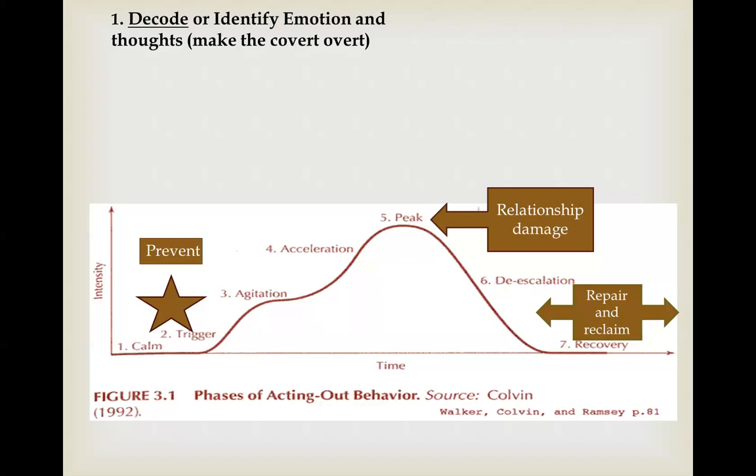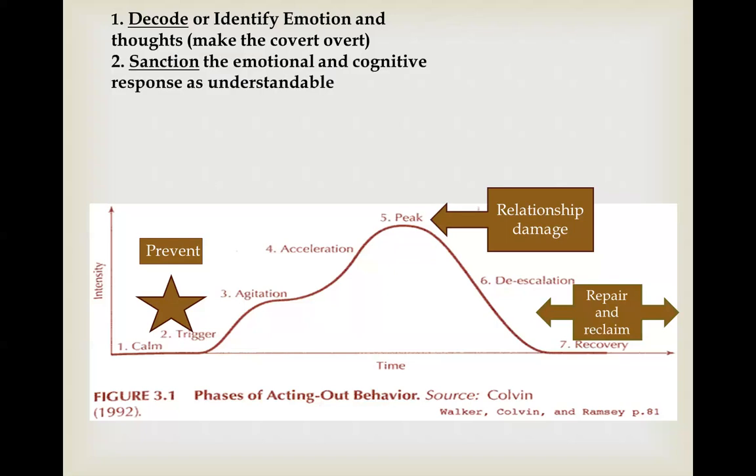So we might say to them, I can see that you're feeling really disappointed and that you're thinking it's a jip that a person you were really looking forward to coming today didn't show up, right? So you take those covert processes of emotions and thoughts and make them overt, put them right out there in the world where we can see them, so that now they're under our conscious purview to self-regulate. And then tell the kid he has every right to think and feel that way, given what he's experiencing, right?